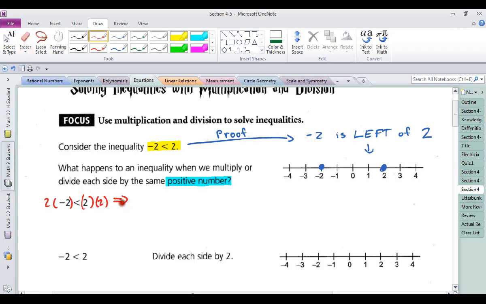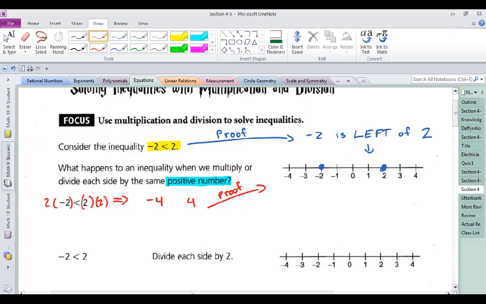What is my new inequality? Negative 4. And what's on the right? Positive 4. Correct?